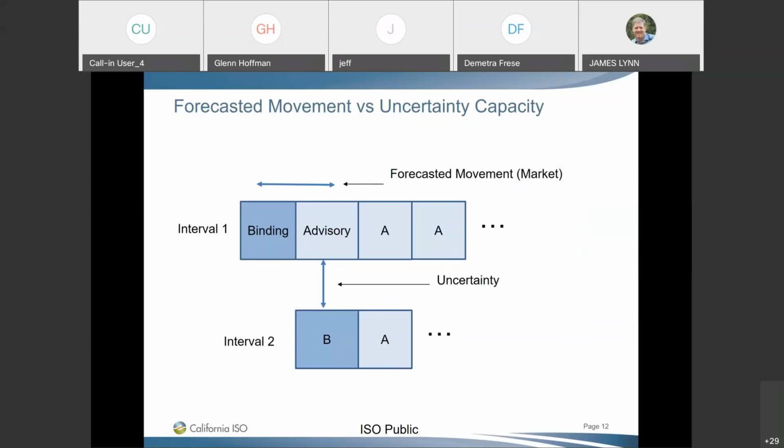And so we are going to award resources based upon their forecasted movement, but then you have the explicit uncertainty awards. And these are resources.